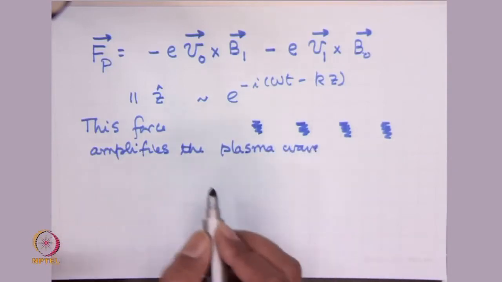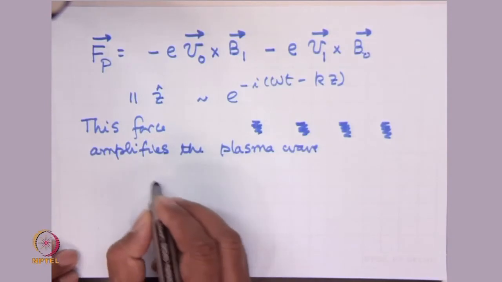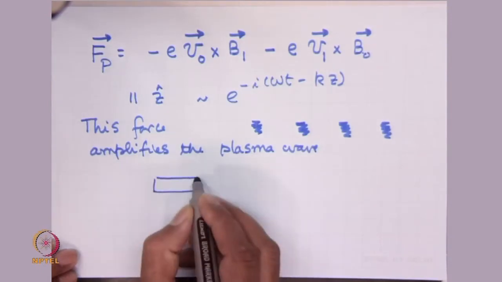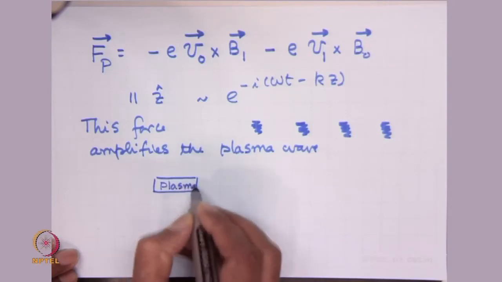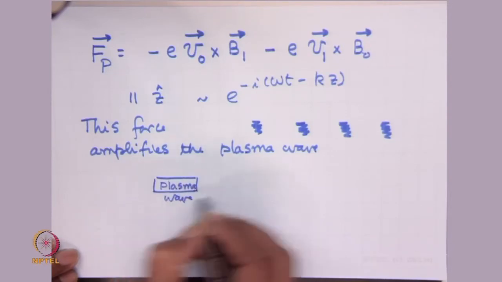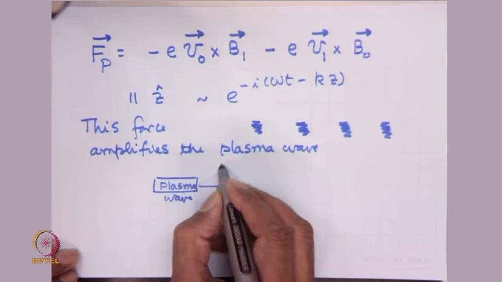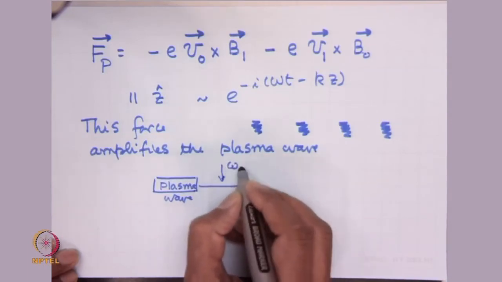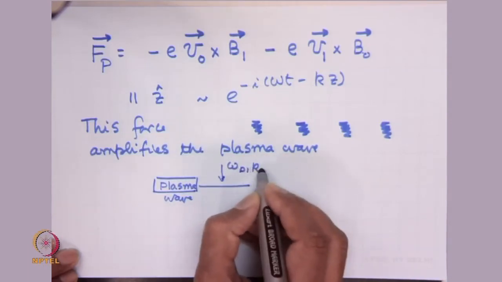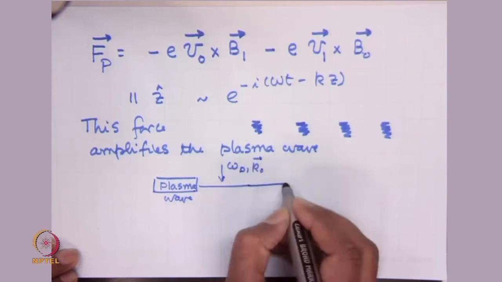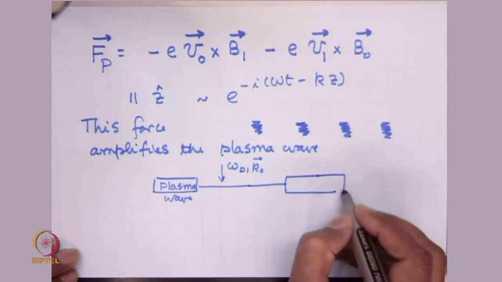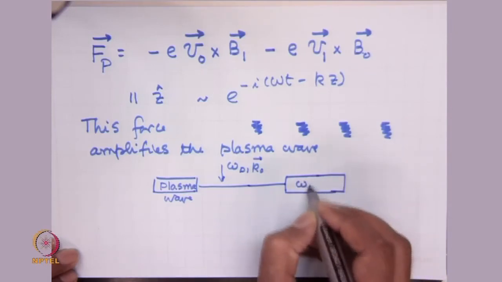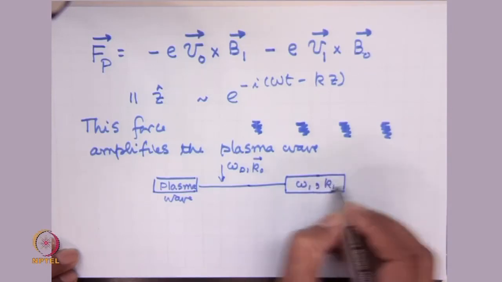So now look at the beautiful process. There was a plasma wave, and you brought in an EM pump of frequency omega 0, k0. That produces a current, and that current then produced an omega 1 frequency and k1 wave number EM wave.